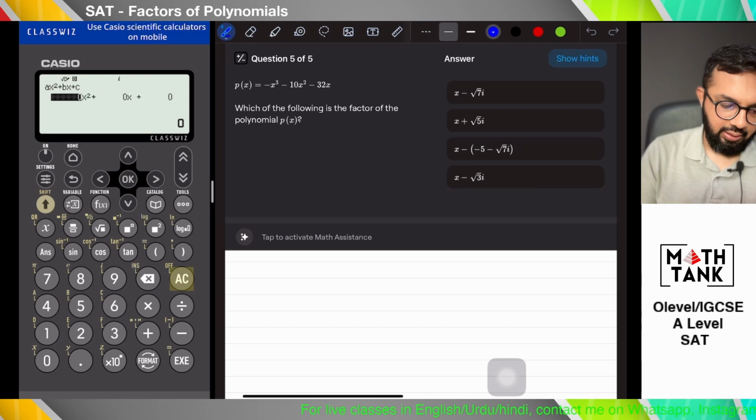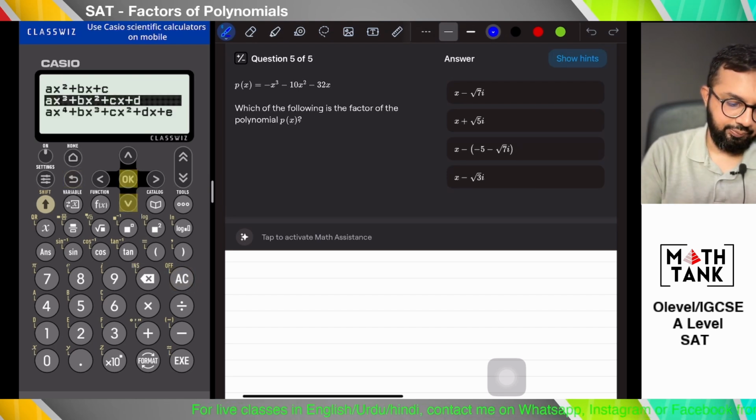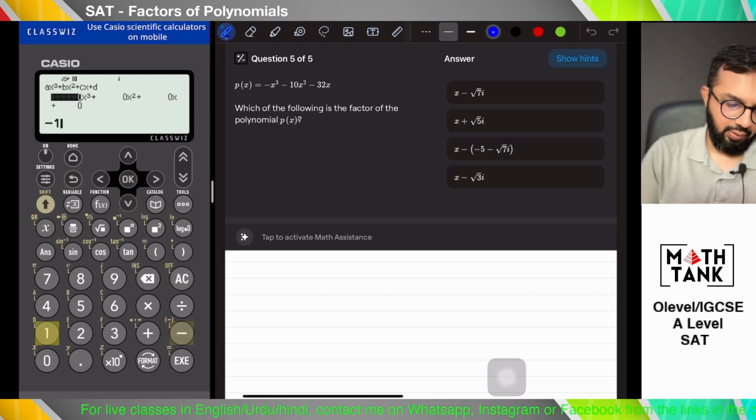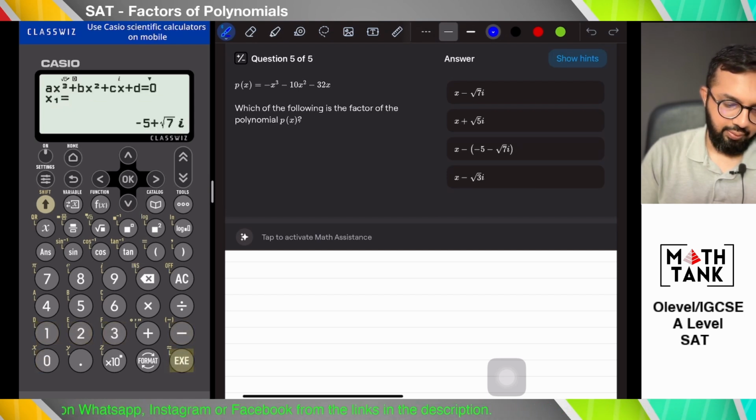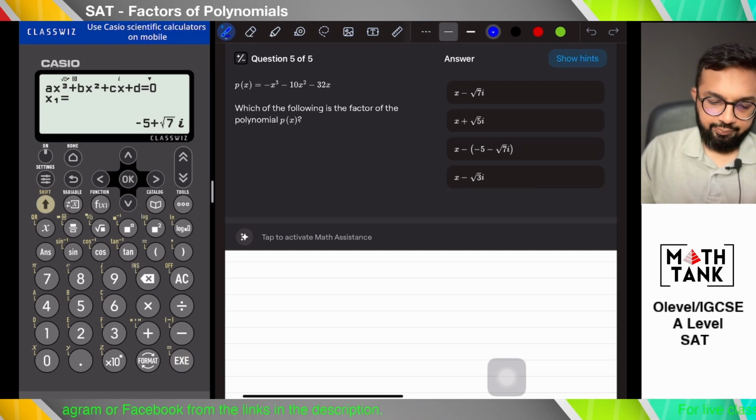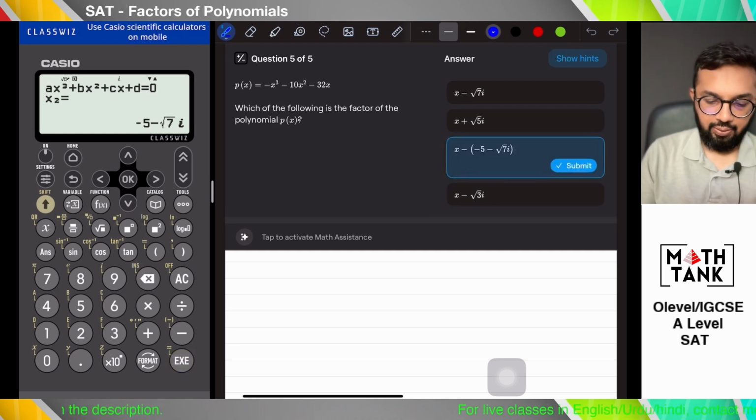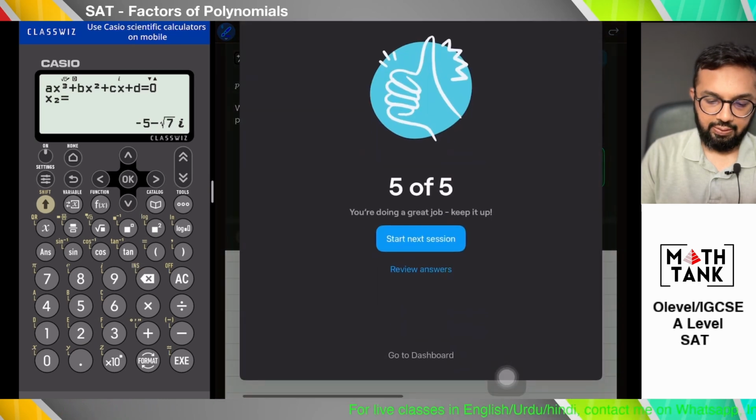This one is cubic. So if I want to create a factor, that should be the answer, yes.